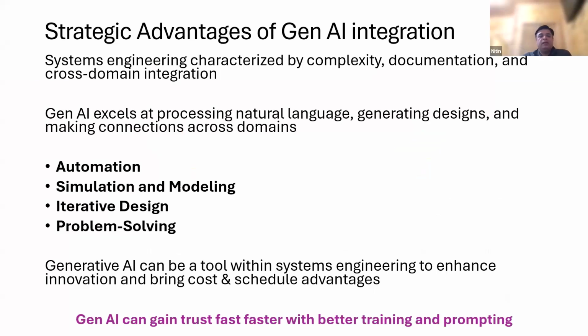There are 4 key areas where I see Gen AI can help: automation, simulation and modeling, iterative design, and problem solving. These are areas which are widely used in systems engineering as well.